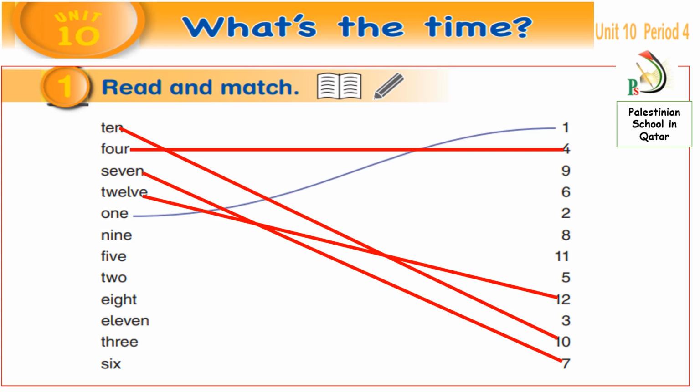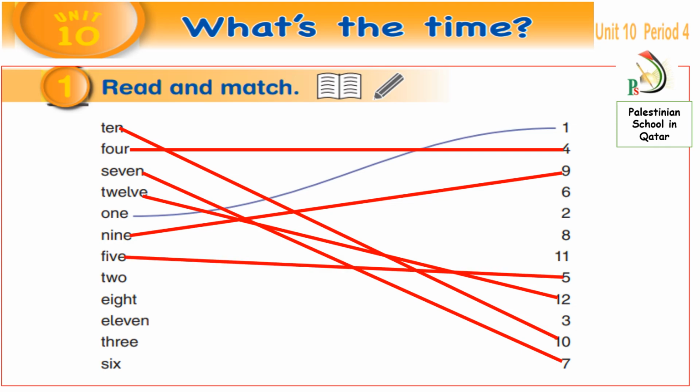Yes, 12. Then we have 9. Can you match 9? Yes, this is 9. Then we have 5. Can we match 5? Check your answer. Excellent. Then we have 2. Can you match 2? Great.